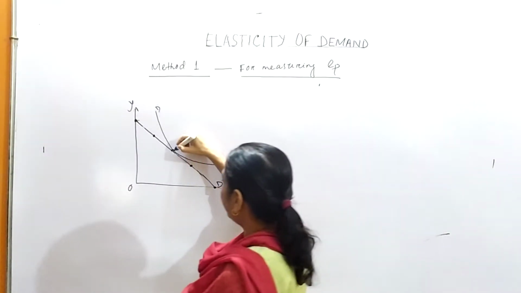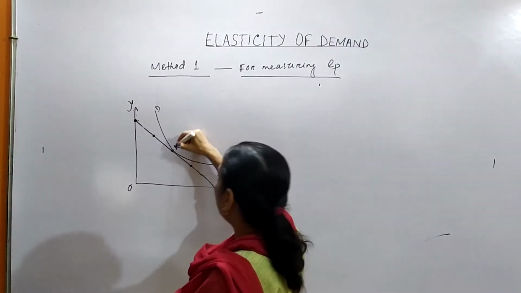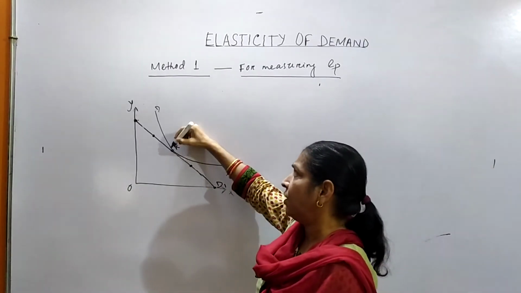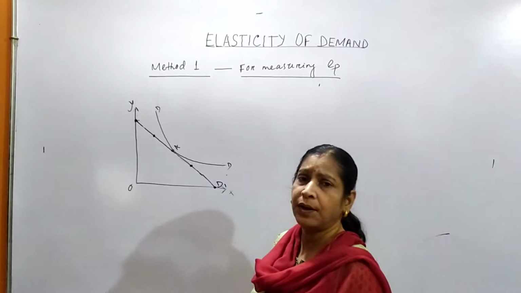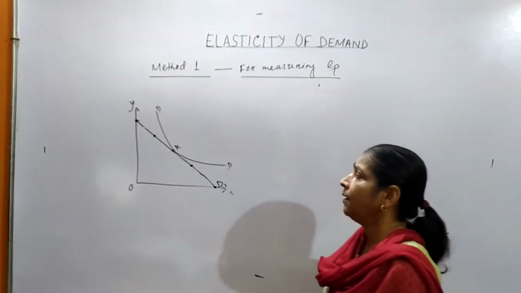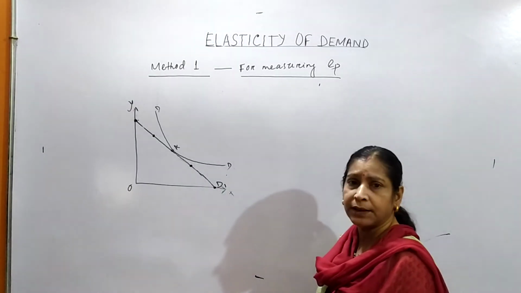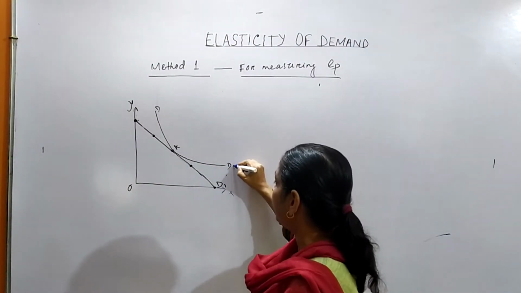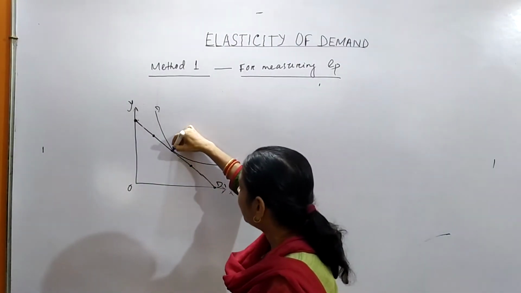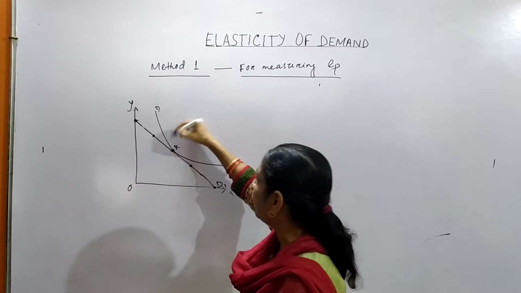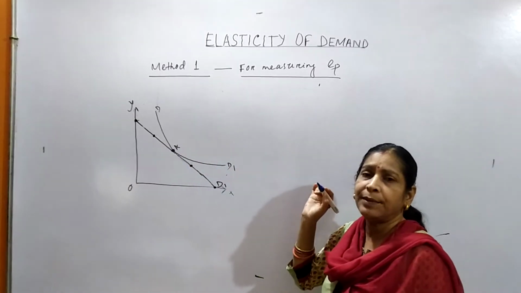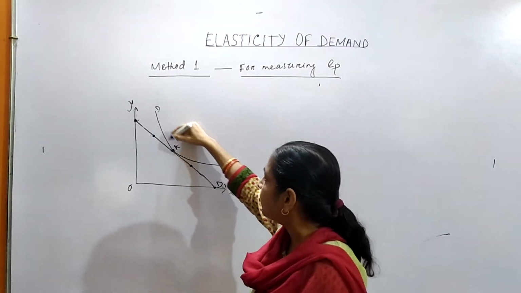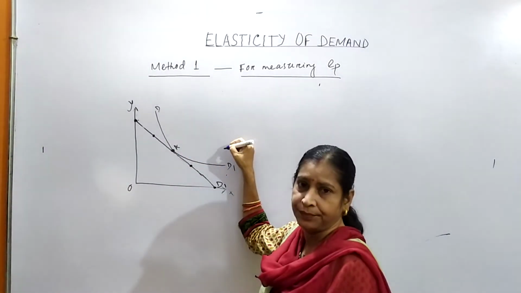Suppose this is a point A. How will we calculate at this particular point? On this point, by the point price method, how will we calculate EP on a non-linear demand curve at a particular point? This is a non-linear demand curve D1, and suppose on this D1 we have taken a point A. What will be the value of elasticity at point A on this non-linear demand curve?